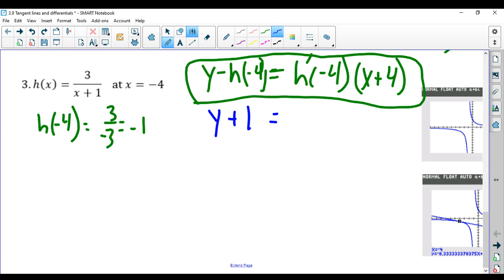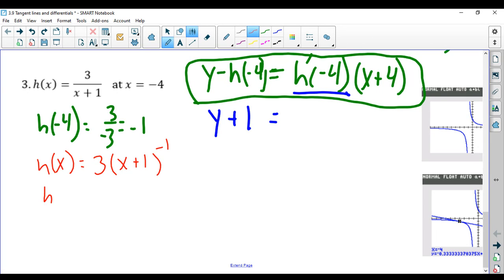H prime of negative 4, first, we have to figure out the derivative. So I'll do that here. I wouldn't use the quotient rule on this. I would use the chain rule because we had a constant up top, and it's always easier that way.